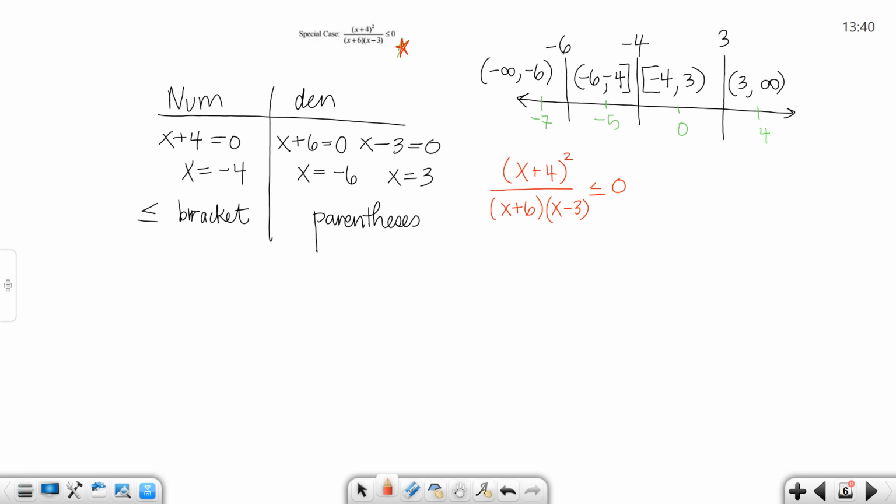If you plug in negative 7, I'll let you do the work behind that, but what you get is false. If you plug in negative 5 into that red part, what you get is true. If you plug in 0 into the red statement, what you get is true.